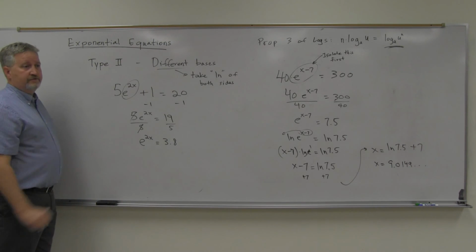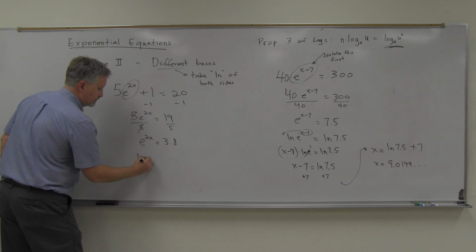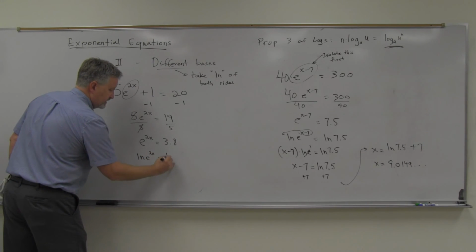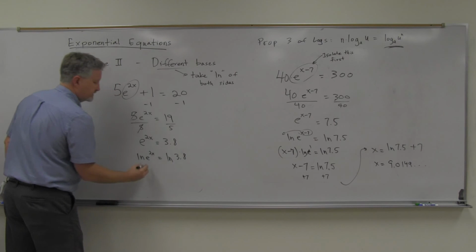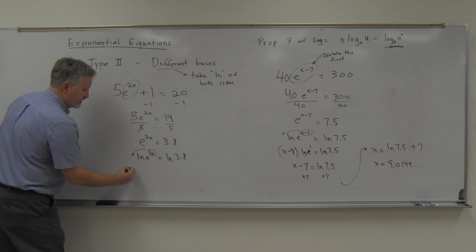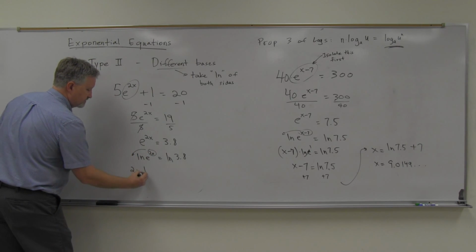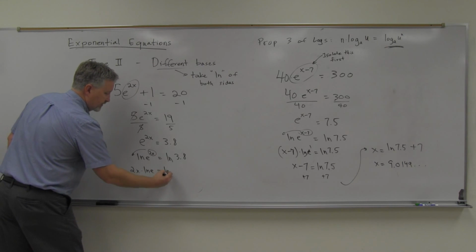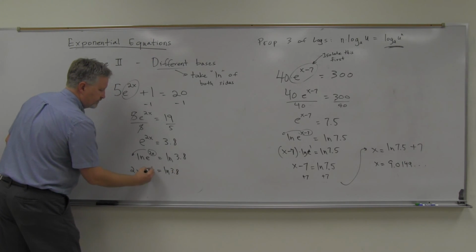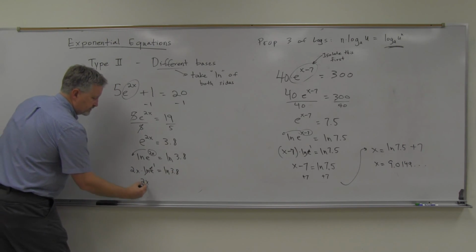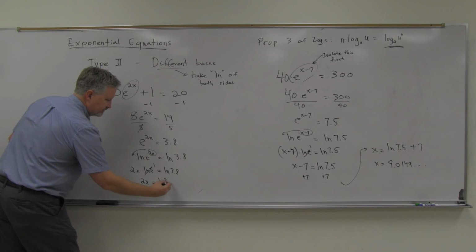Now we ln on both sides. ln of e to the 2x, ln of 3.8. That'll allow me to bring down the power, so that'll be 2x times ln of e. What we like when we get the ln of e, because that's just 1. So it's 2x equals ln of 3.8.